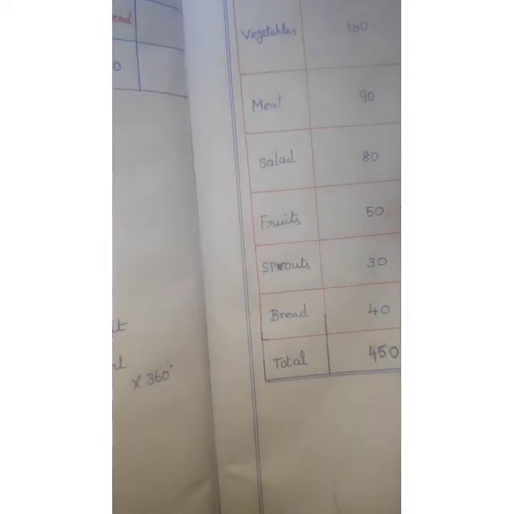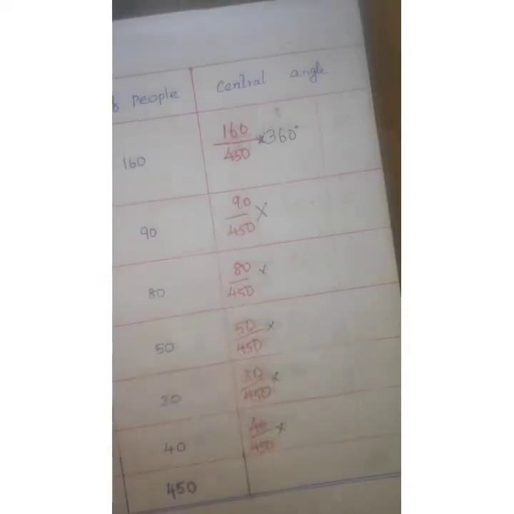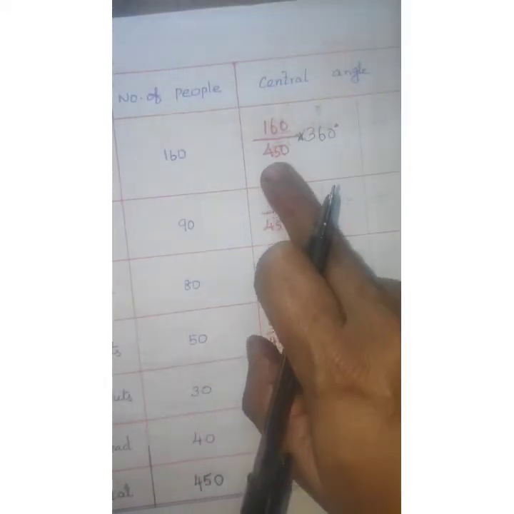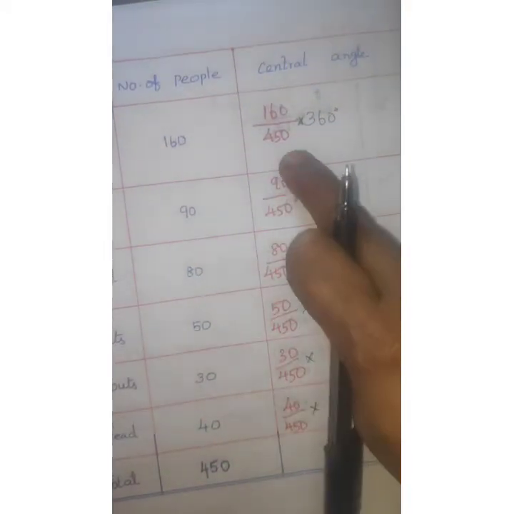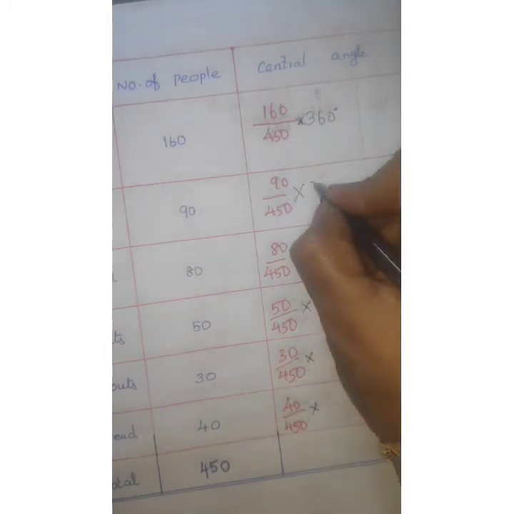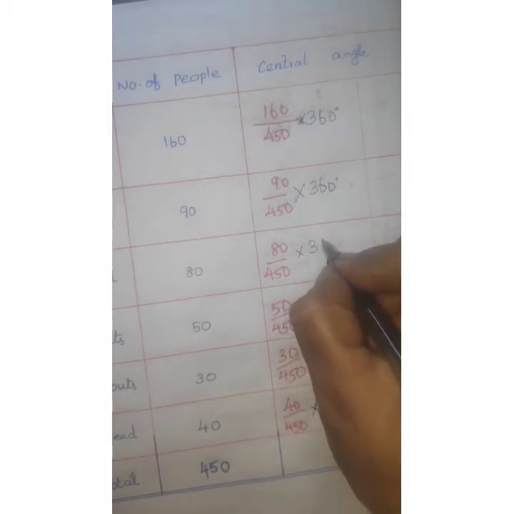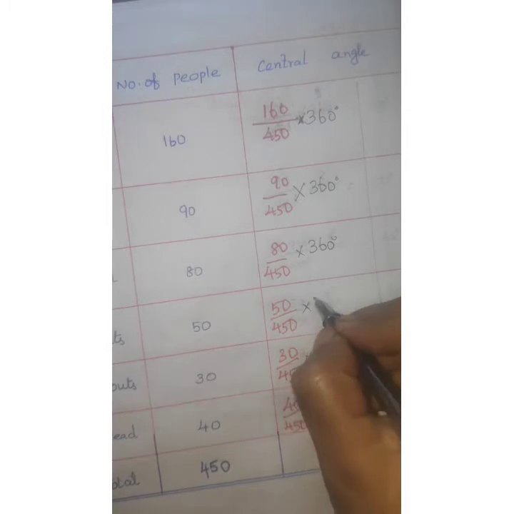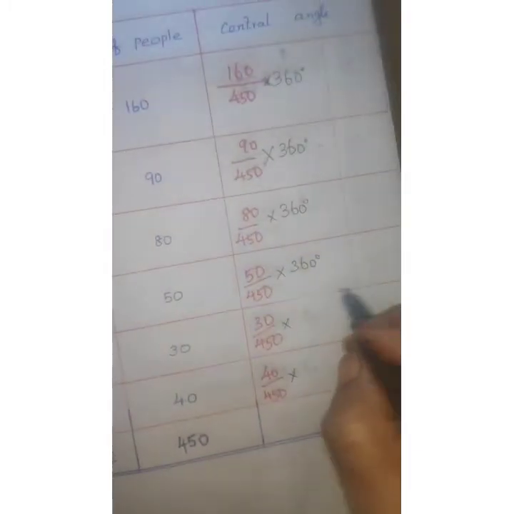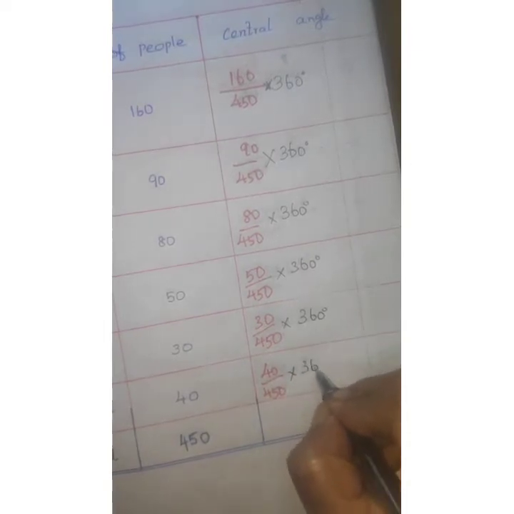Value of the component divided by total value. What is the component here? 160 divided by total value 450 into 360 is the formula to write there. You must write the degree. If the degree is not written, the sum is wrong. 360 degree. Value of the component divided by total value into 360 is the formula.